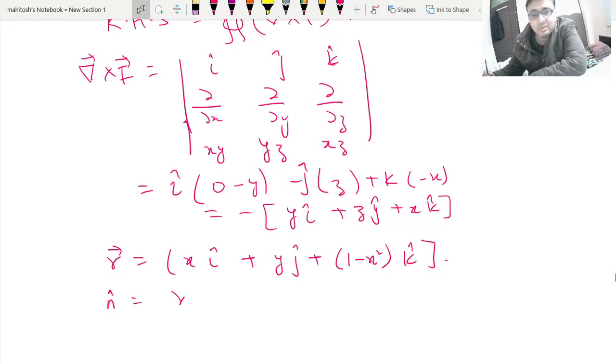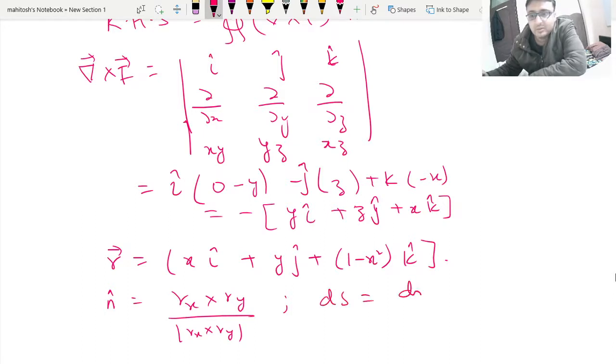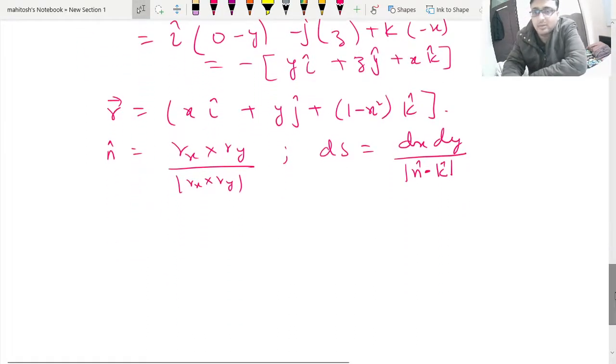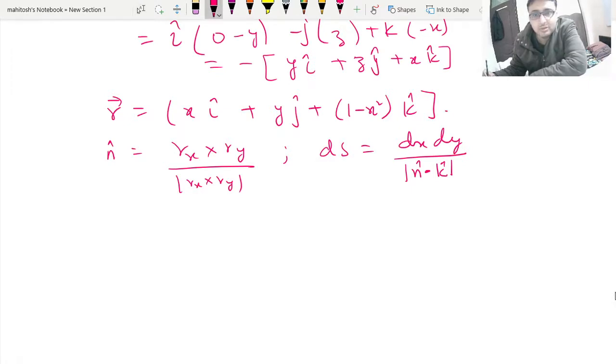N cap is always rx cross ry upon modulus of rx cross ry. Now we also have to find ds, which we can write as ds equal to dx dy upon n cap dot k, because the projection we can see in this direction. Okay. So this is the standard method, and with the help of this you can actually solve any question. So that's why I'm giving a general approach.